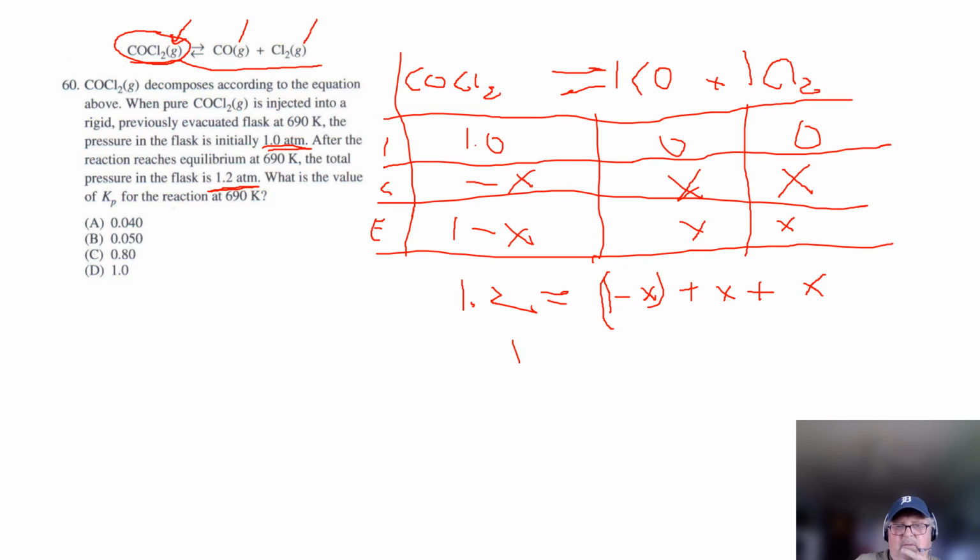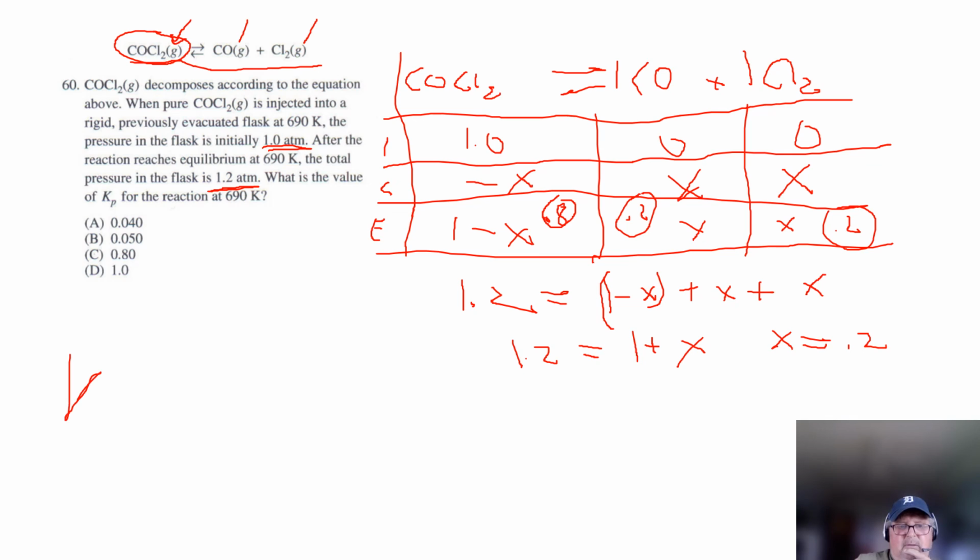We get 1.2 equals 1 plus x, and so x equals 0.2. That means our reactant is 1 minus 0.2, so there's 0.8. There's 0.2 of this, and there's 0.2 of our Cl2.